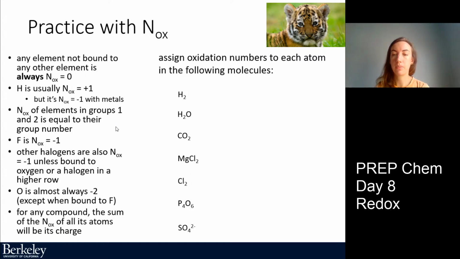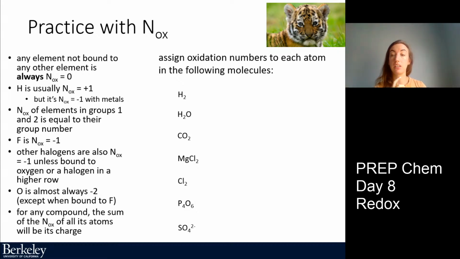We'll go over the examples in a minute. How to find the oxidation number of carbon? So you need to use the last rule. You can tell what the oxidation number of oxygen will be from the second to last rule.